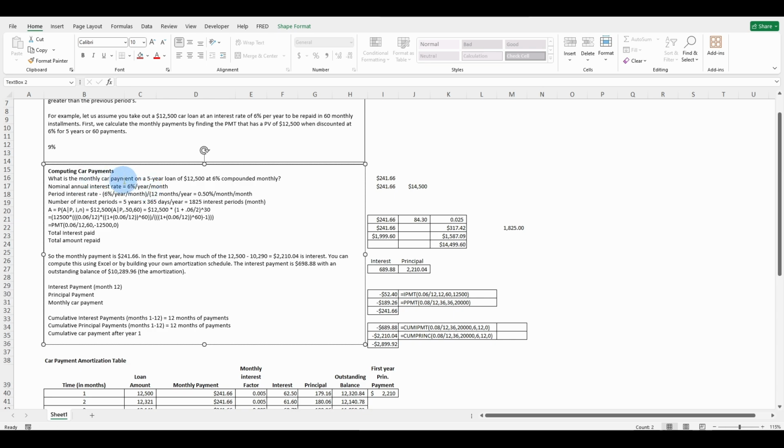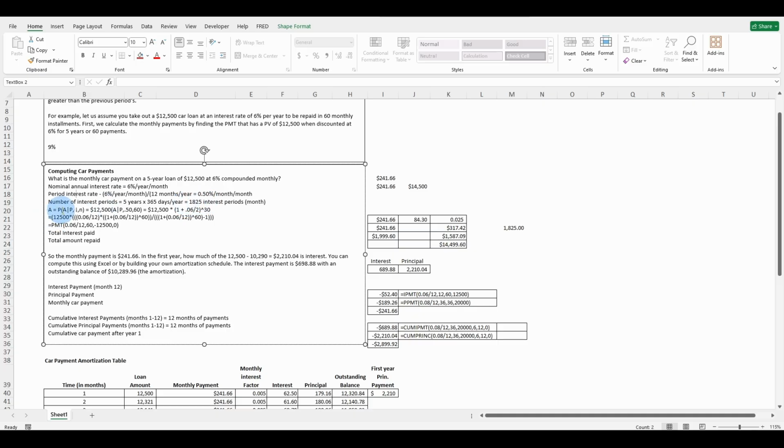Computing car payments. What is the monthly car payment on a 5-year loan of $12,500 at 6% compounded monthly? Nominal annual interest rate is 6% per year. Period interest rate, 6% per year or 0.5% per month. Number of interest periods, 5 years times 12 months per year is equal to 60 interest periods.